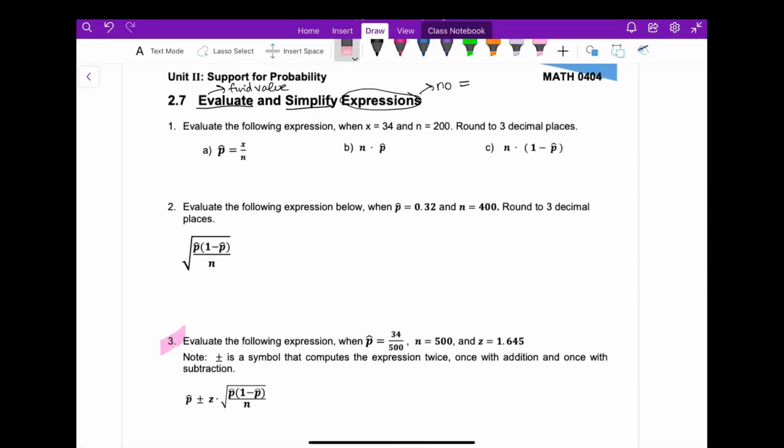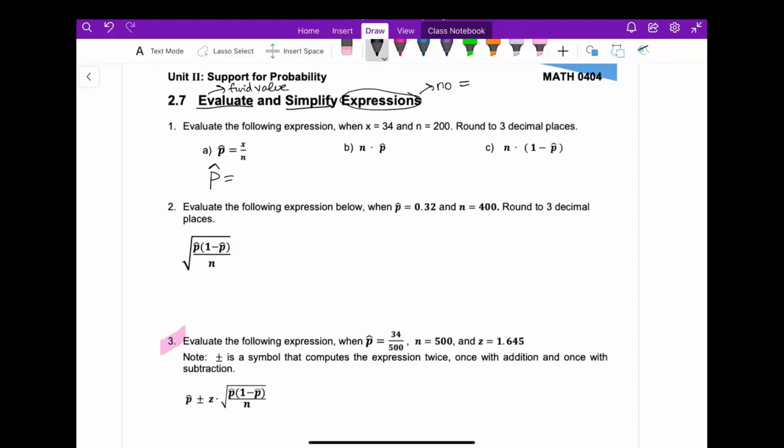Let's try number 1. It says evaluate the following expression when x equals 34 and n equals 200. Let's round to 3 decimal places. So we have p hat, that little upside down v on the p is pronounced p hat, like something you wear on your head.